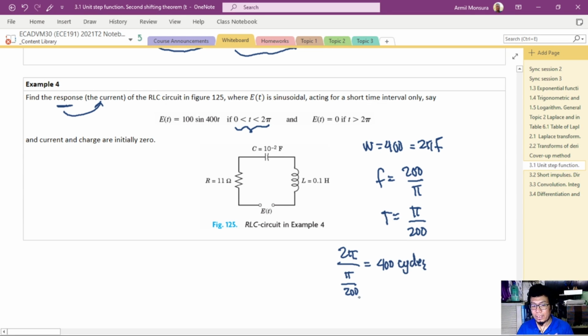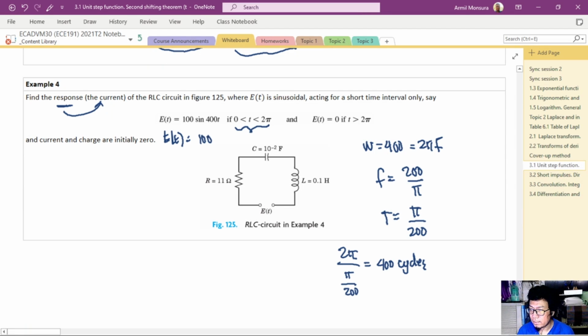So we will have 400 cycles of sinusoids acting on our circuit. You may be able to verify this if you graph this on your Desmos.